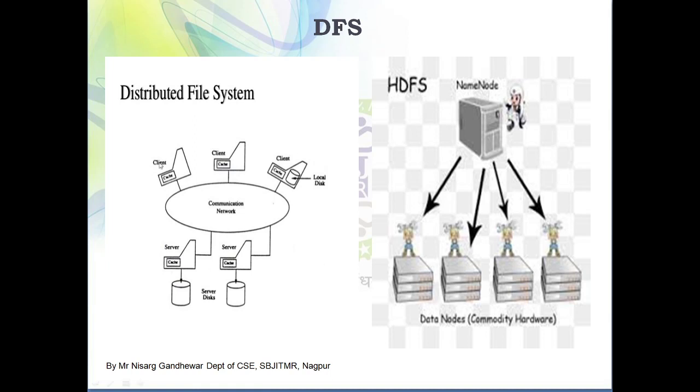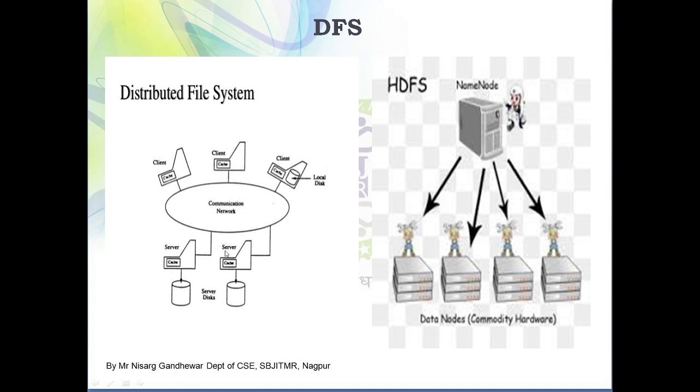So 1 GB will be placed in one node, 1 GB at the next, 1 GB is placed at node 3, 1 GB at node 4, and 1 GB at node 5. In this way, we have broken one large file into 5 sub-files and kept them at 5 different nodes. But all these nodes are connected with each other.